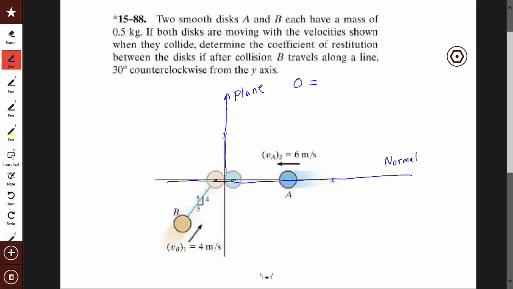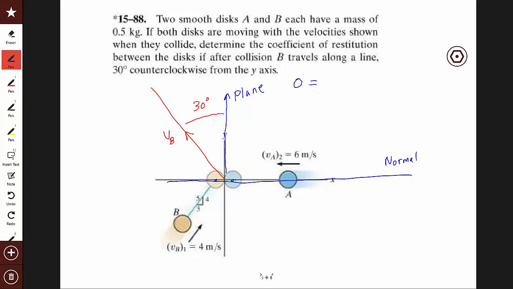So at the end, the velocity of B, they say, is along this line, which is 30 degrees counterclockwise from the vertical. So B is going to move along that guy. This is 30 degrees, and B has got some speed. We'll call it VB right there. So VB is pointing in that direction.